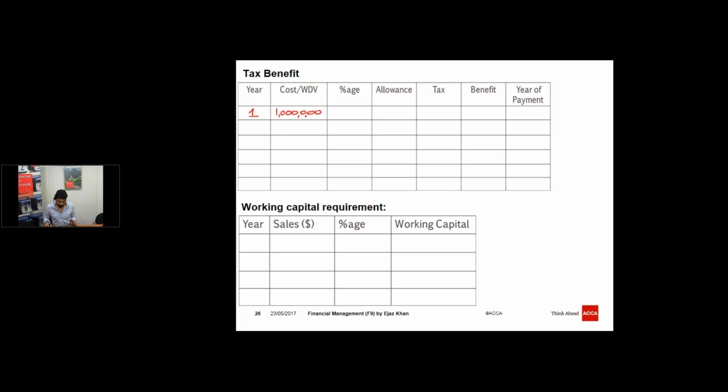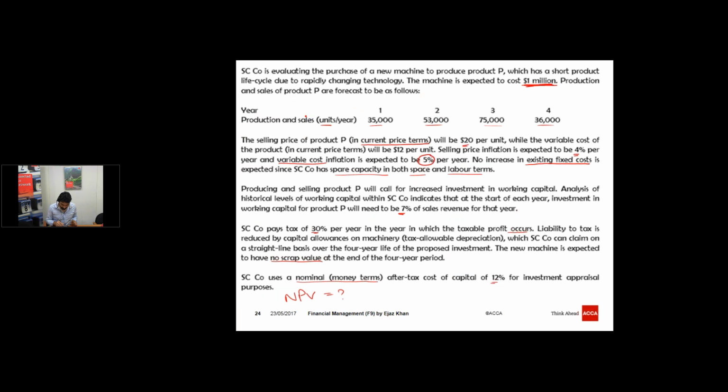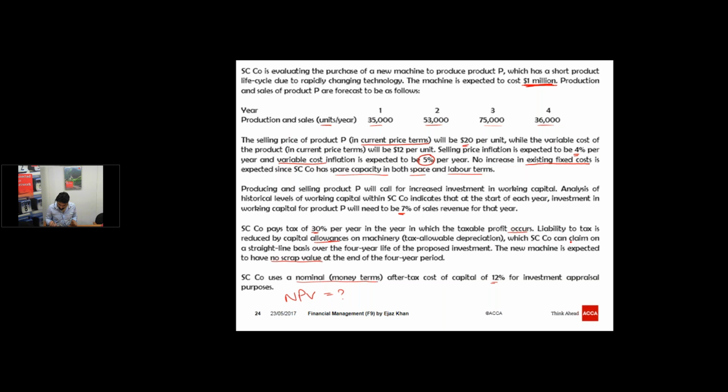Now, again, in the question, they said that liability to tax is reduced by the capital allowance on machinery, which SC company can claim on a straight line basis over 4 years. Straight line, you all are aware of what straight line is.